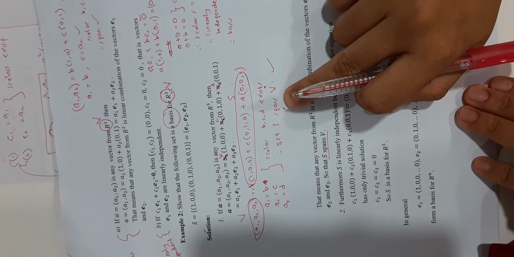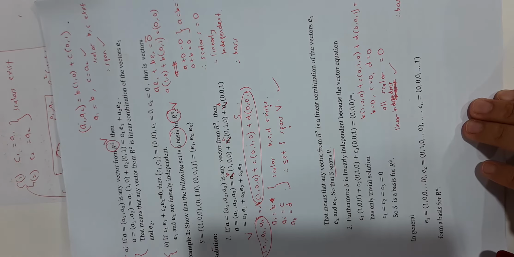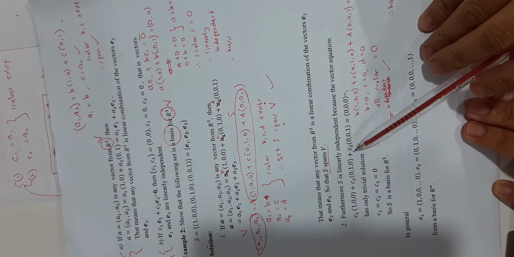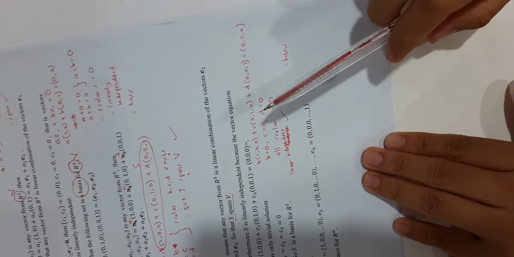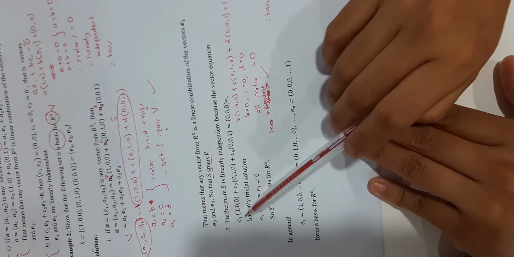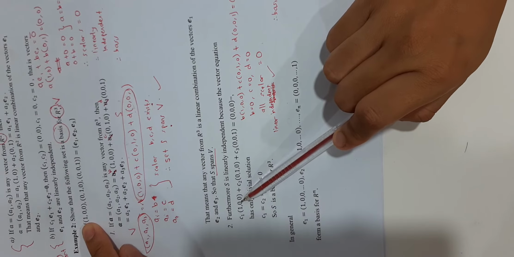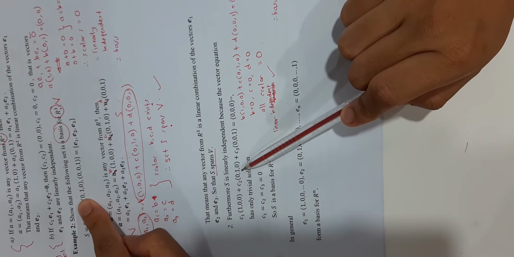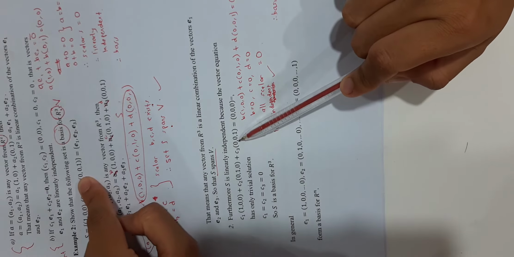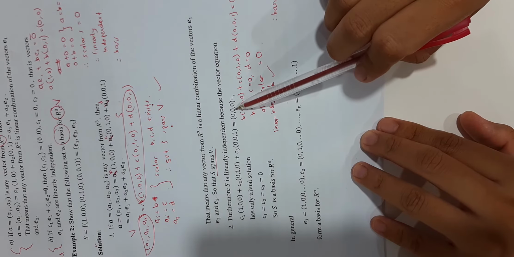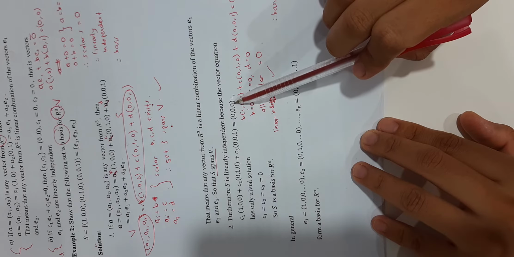The second one is we need to check the linear independence. So for the linear independence part, you write down C1 multiplied with the first vector in S, plus C2 multiplied with the second vector in S, plus C3 multiplied with the third vector in S, equal to the zero vector in R3, which is given by 0, 0, 0.